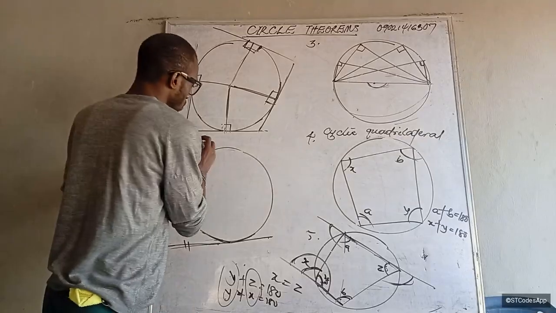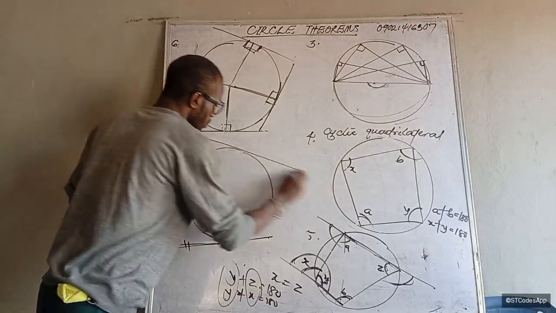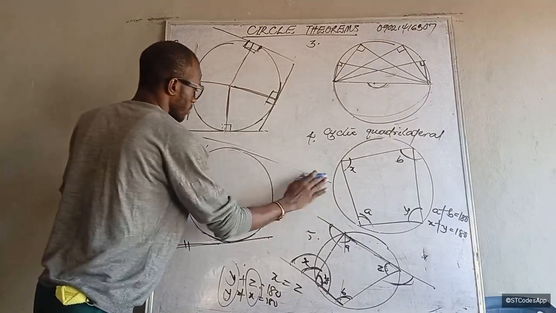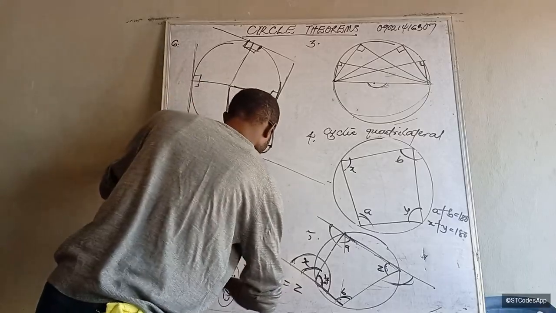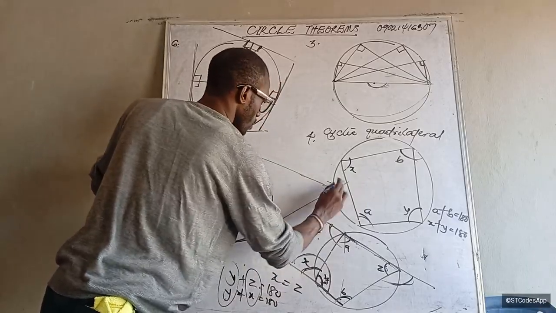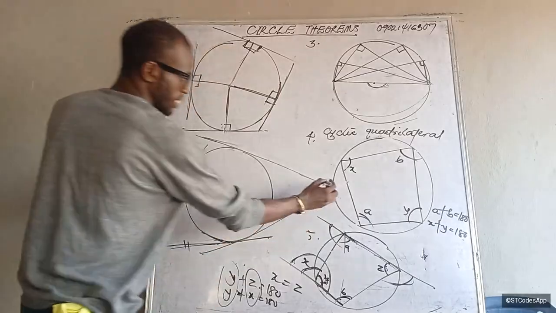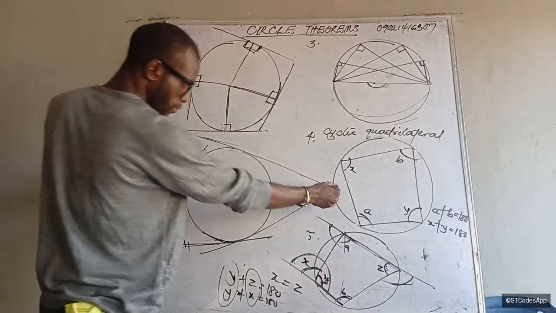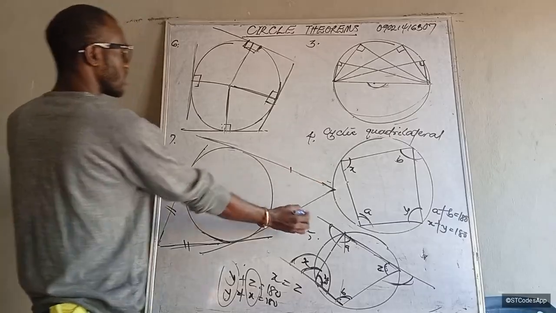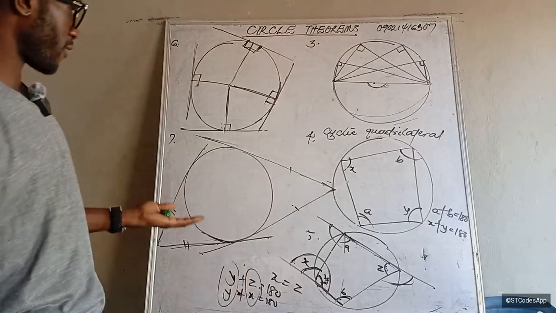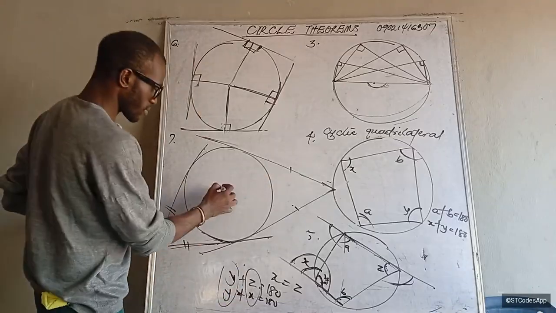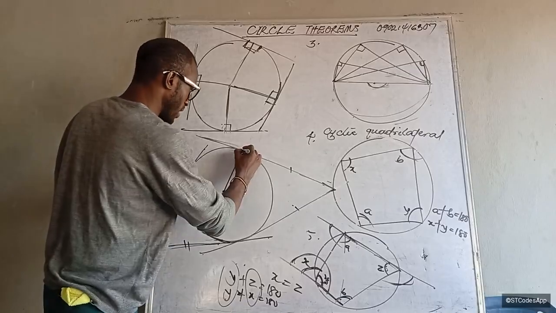Now let me draw the one I said I want to draw. Since they are starting from the same source here, the length of this will be equal to the length of this. Is it clear? And of course, adding that axiom, I now have a perpendicular bisector here.